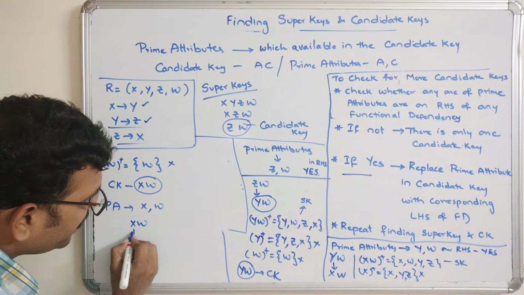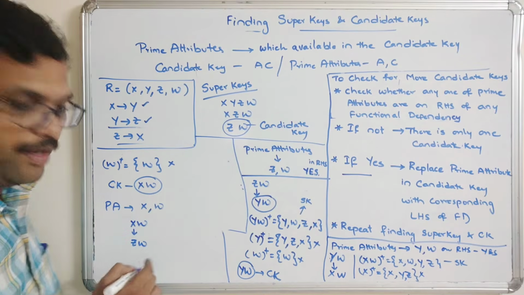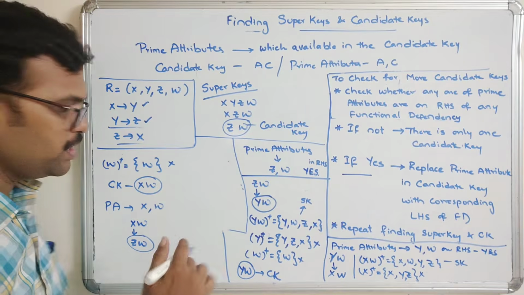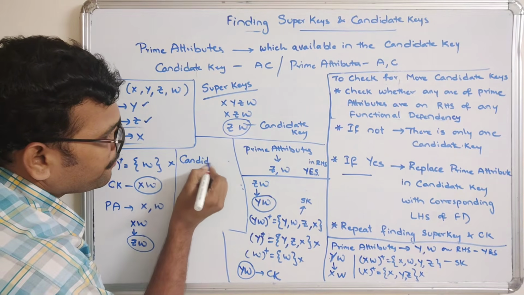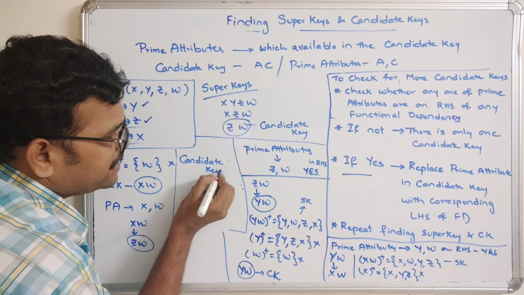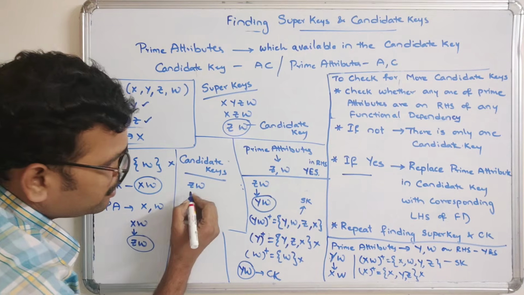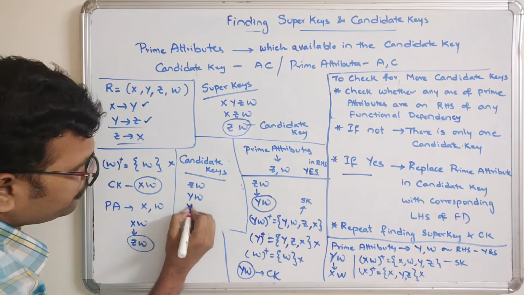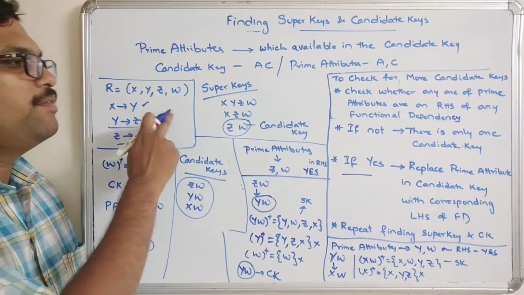So in XW, X is replaced with ZW. ZW is already a candidate key, so you can stop the process. Now we can decide the candidate keys. The candidate keys for the given relation are ZW, after that YW, after that XW. So these are the candidate keys for the given relation.